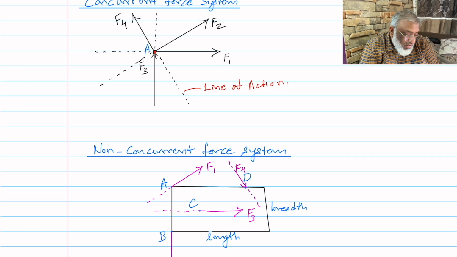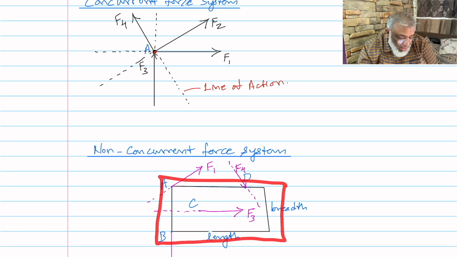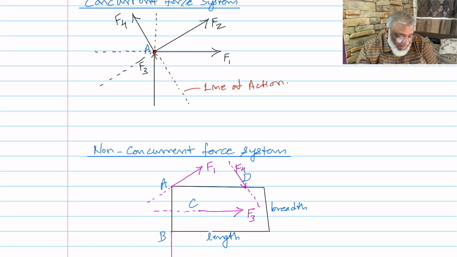So basically the main difference between the two force systems is that here the body on which all the forces are acting is a single point, and here the body on which the forces are acting will be a body with dimensions, and the forces will be acting at different points on the body.